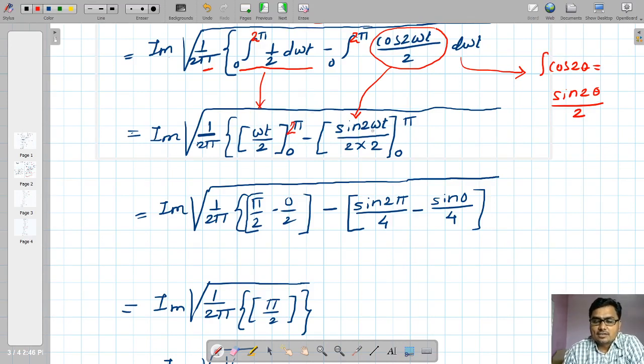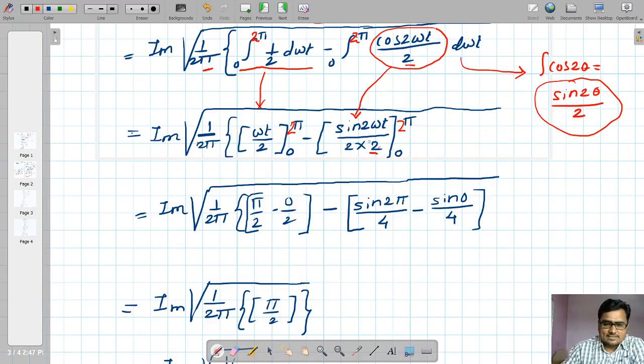Again sin 2 omega t, here I will write 2 pi. Using sin 2 theta divided by 2 for cos 2 omega t divided by 2, it becomes sin 2 omega t divided by 2, and this denominator 2 will be as it is. Instead of this pi, I'm writing 2 pi.